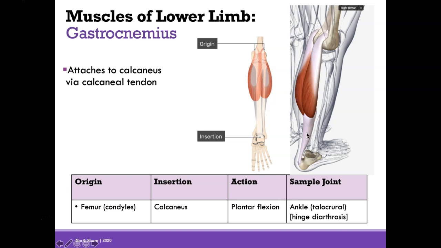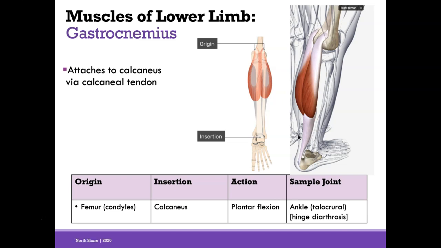And again, plantar flexion at the ankle is done by the gastrocnemius, and it originates at the femur. These are two condyles. Those two bumps of the femur is where the gastrocnemius attaches. And it goes all the way down to the heel and attaches to the calcaneus, the heel bone, via calcaneal tendons.